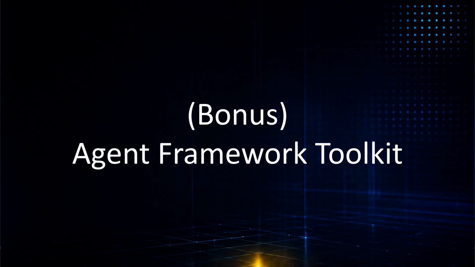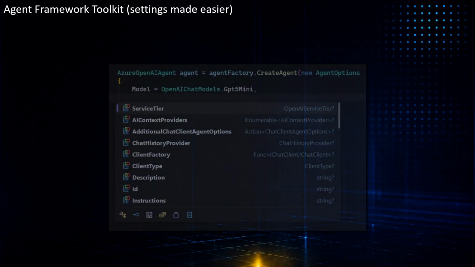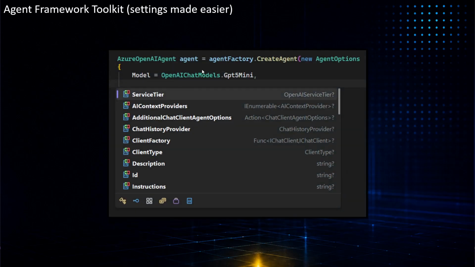So for that reason, I built Agent Framework Toolkit, which I have other videos about. Essentially, it's just a NuGet package that is more opinionated. So you go in and make a factory, which is an Azure OpenAI factory, or an OpenAI factory, or a Gemini factory, and so on.